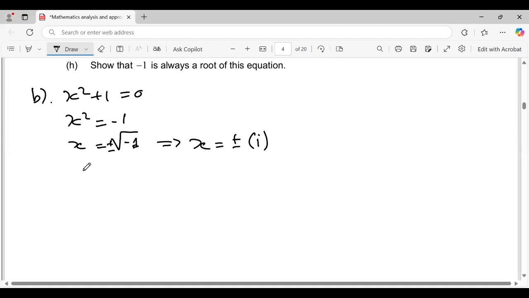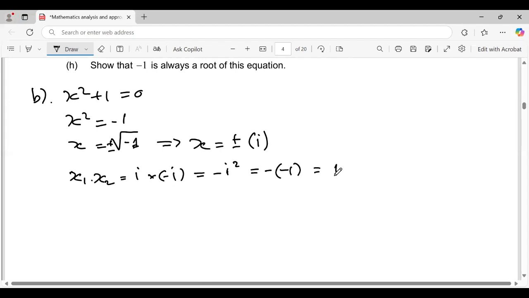So x1 times x2 equals i times minus i, which equals minus i squared, or minus of minus 1.